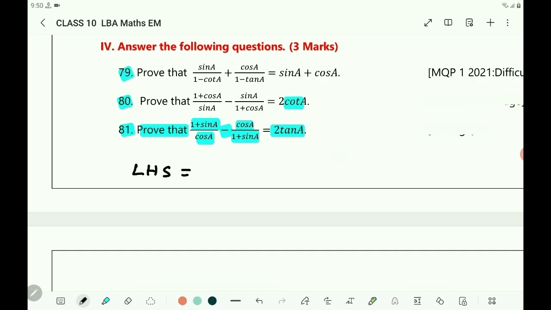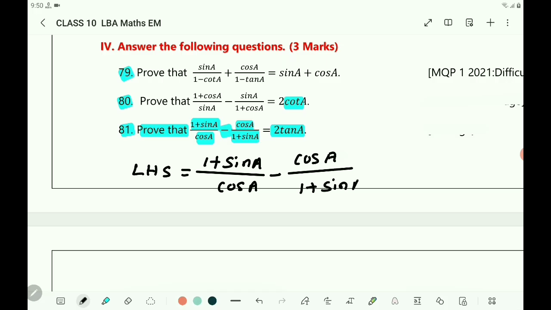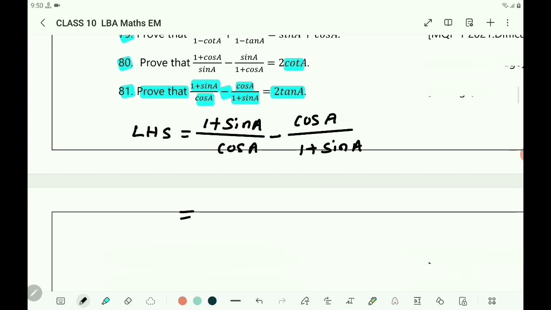LHS equals (1 + sin A)/cos A − cos A/(1 + sin A) equals. Here also take the LCM. What is the LCM? The product of these two becomes the LCM, that is cos A into (1 + sin A).